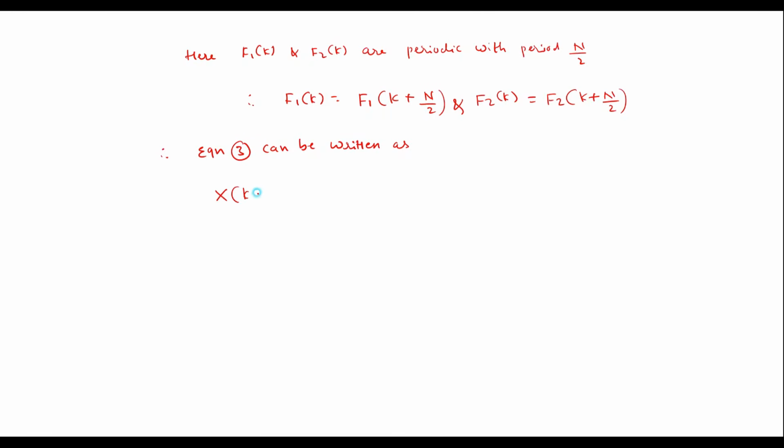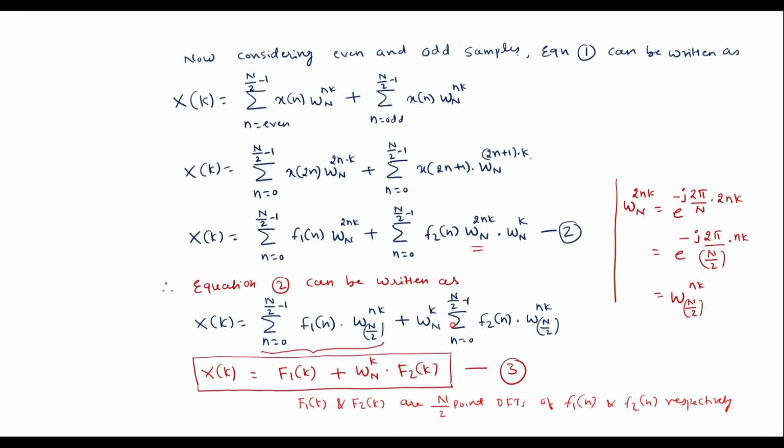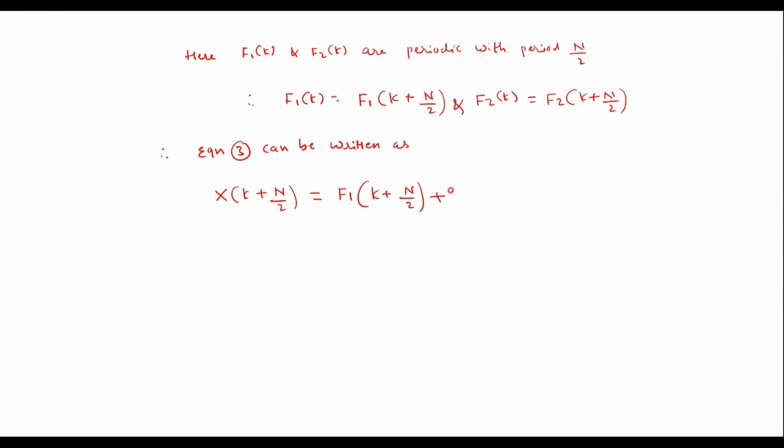X of k plus N by 2 is equal to F1 of k plus N by 2 plus, here we have W_N power k, W_N is also periodic, therefore I can write it as W_N power k plus N by 2, into F2 of k plus N by 2.